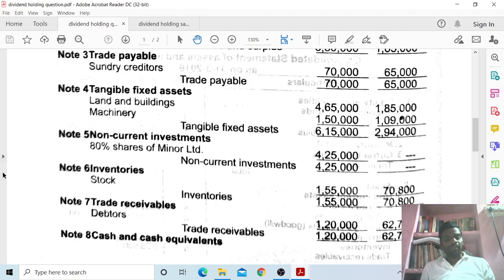Note number 5, non-current investment, 80% shares of Minor Limited, 4 lakh 25,000 for Major company only, Minor company nil.